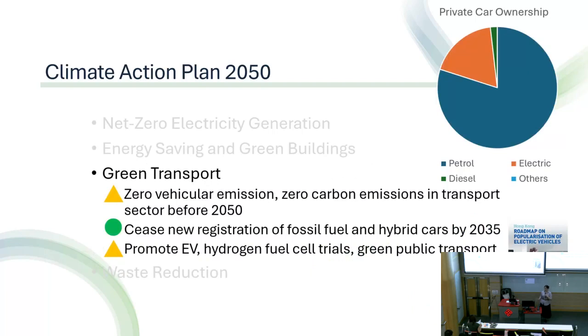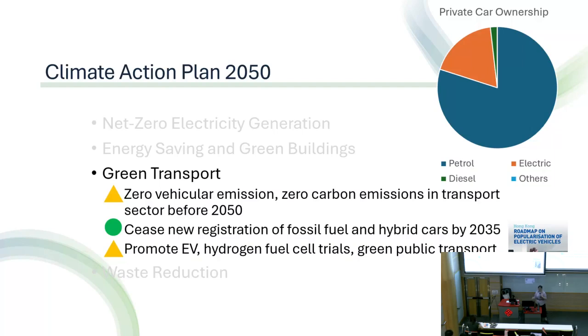Green transport, I've mentioned. Zero vehicular emissions, zero carbon in the transport sector before 2050, and the promotion of electric vehicles, hydrogen, and fuel cells. These two are actually quite on track. The Hong Kong government's promotion of electric vehicles, more electrical chargers, actually requiring buildings to have electrical chargers inside commercial and residential areas, and requiring all government buildings to have medium charging and fast charging available.